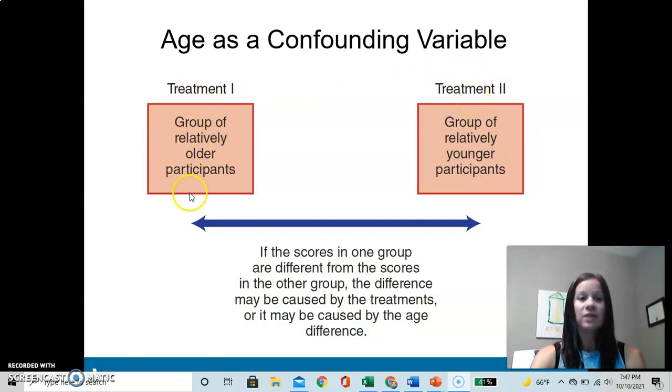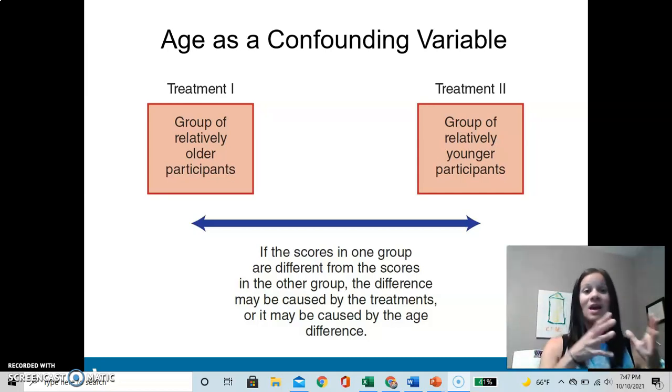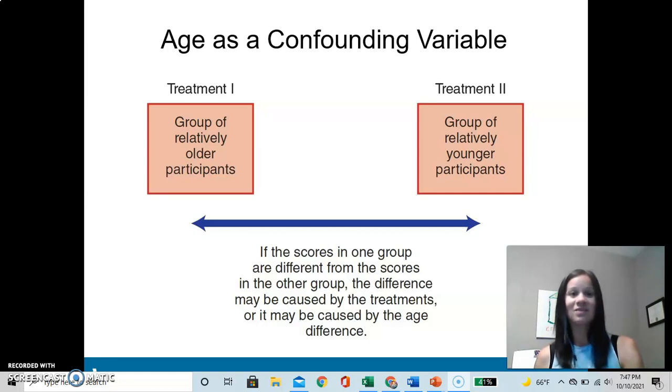Okay, if this group is relatively older participants and this group is a group of relatively younger participants, then the scores in one group could potentially be different from the scores in the other group, not necessarily caused by the difference in the treatment, but potentially caused by the age differences. And now age has become a confounding variable because now we don't know whether the difference in the DV was caused by the IV or by the age differences.